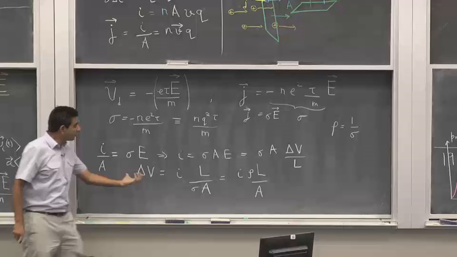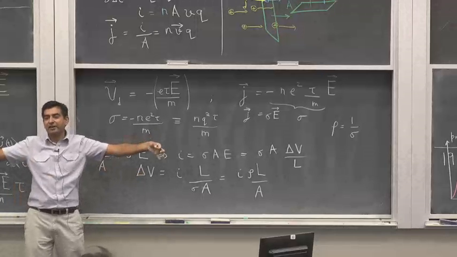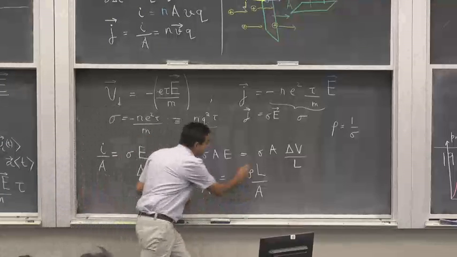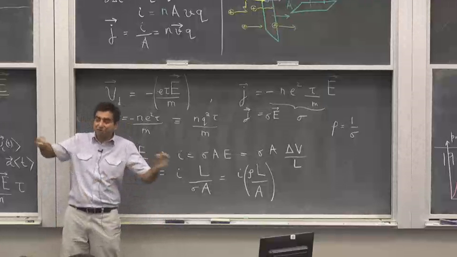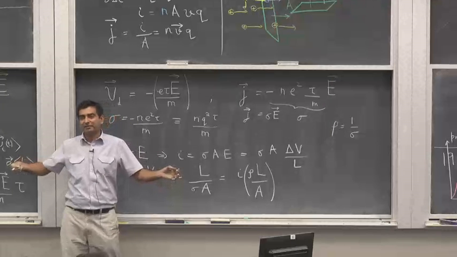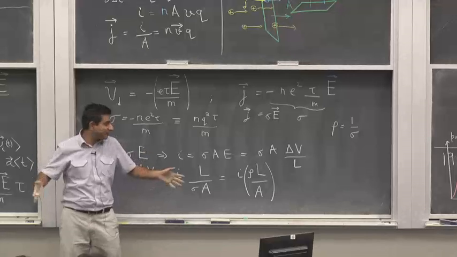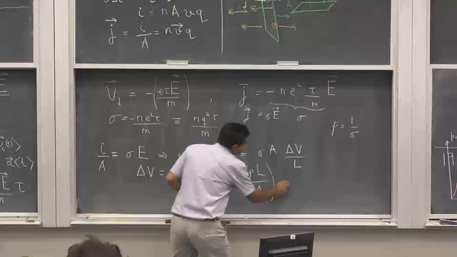Now what's this? The potential difference between the ends of a wire equals the current times this object, which depends upon the dimensions of the object, the length between which we measure the potential difference, and this is just the resistance.